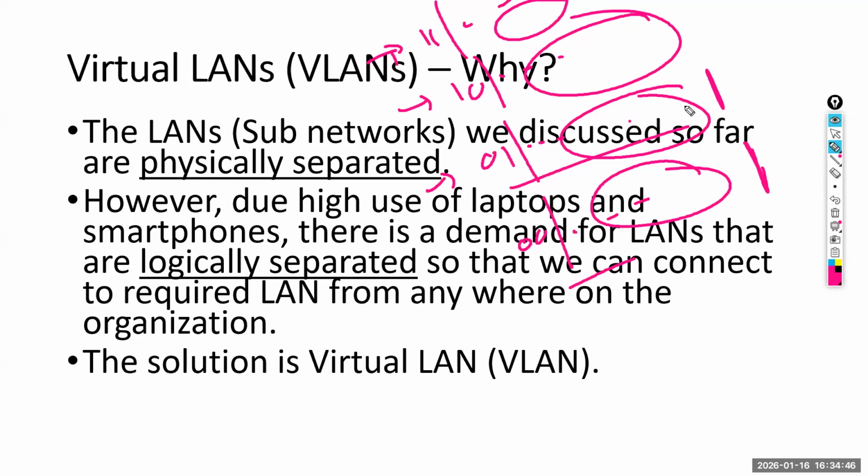A desktop machine in HR department is going to stay there in their network. Very rarely you take it to another place. Then of course you can reconfigure it as a finance department computer, so that we can allocate a different IP address. That is how we used to do subnetting. Physically different subnetworks.